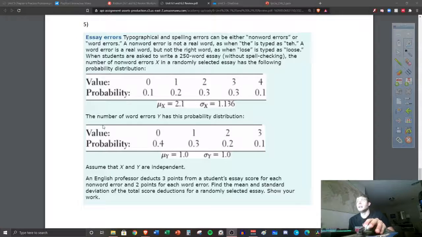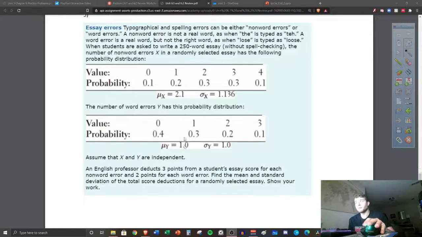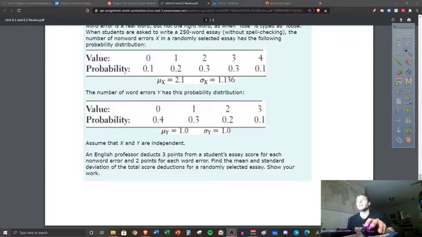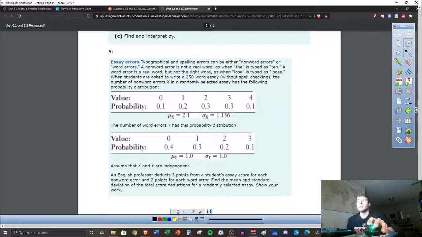So there's that. The number of word errors Y has this probability distribution. So we have these here. Assume that they are independent. An English professor deducts 3 points from a student's essay score for each non-word error and 2 points for each word error. Find the mean and standard deviation for the total score deductions for a randomly selected essay. Show your work.